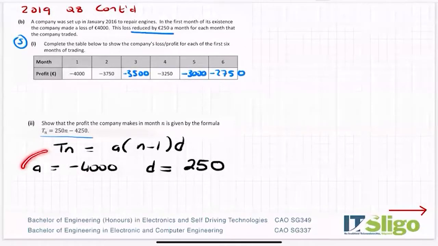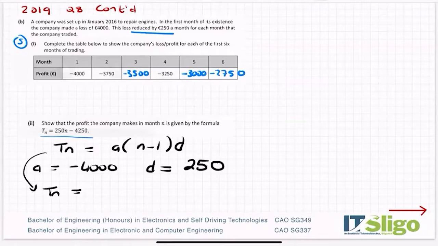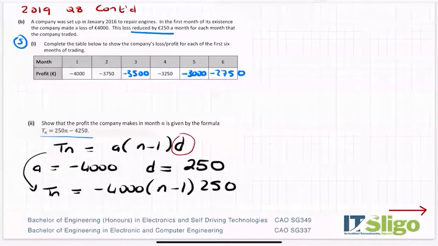So let's plug it into this formula. Tn, I don't know what n is, but that's okay because I'm developing a formula that will allow me to find out the value of any term. So Tn is equal to A, which is minus 4,000, times n minus 1 times d. I'm missing a sign. I'm missing a plus. My apologies.